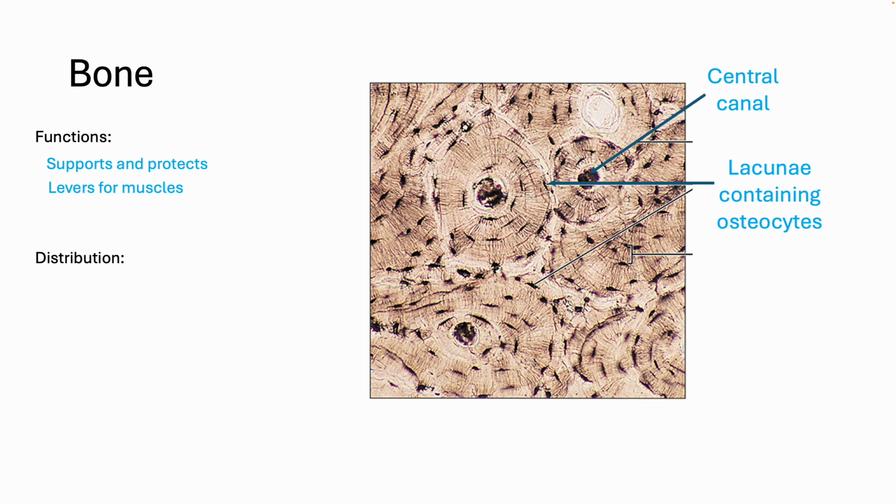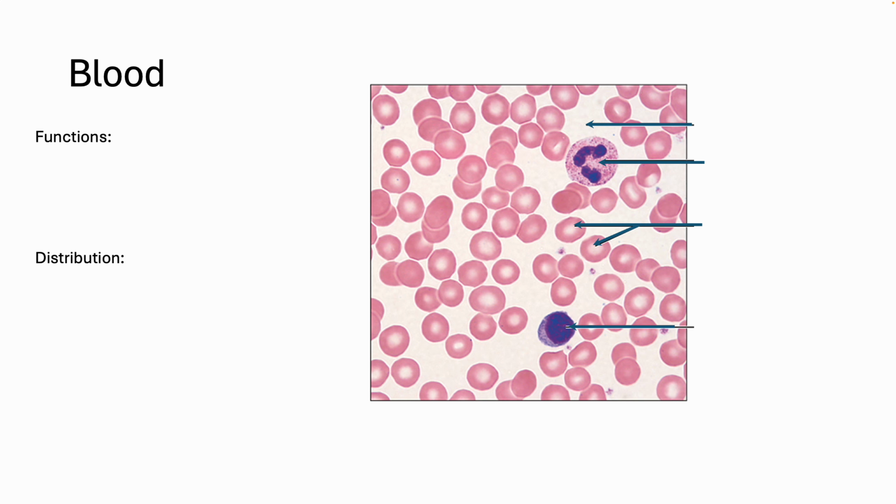It functions to support and protect, serves as a lever for muscles, and is going to be a major site for calcium storage and the site of hematopoiesis, which is the manufacture of blood cells. So you find this within the bones of your body.